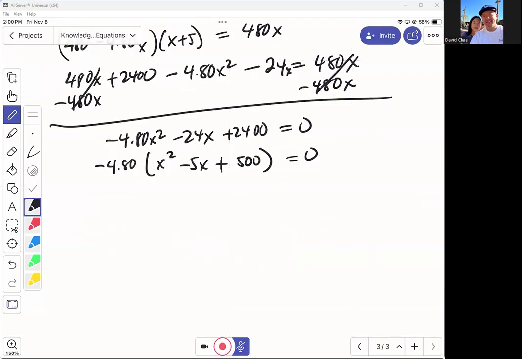Then factor this out. This is 500 and negative 5, right? So it would be negative 25. No, it would be 25 and negative 20. No. It would be negative 20.